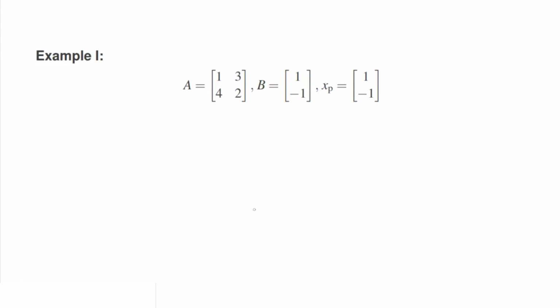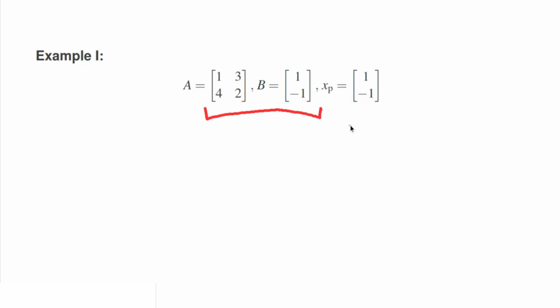To illustrate this, let's just do a few examples. So let's suppose that our state space model is described by this set of A and B matrices, and suppose we're interested in determining whether the point with coordinates 1, minus 1 in our state space is reachable or not.